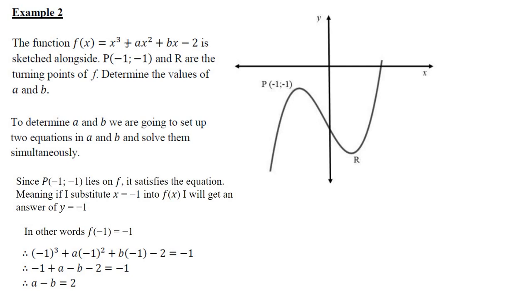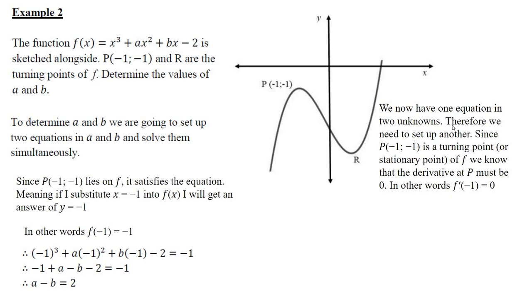Couldn't we find the derivative of this function and then plug in -1 and let it equal 0, because the gradient is 0 there? So that's what we do. (-1, -1) is a turning point of f. We know that the derivative must be 0 because it turns there. It's a stationary point. So f prime of -1 equals 0.